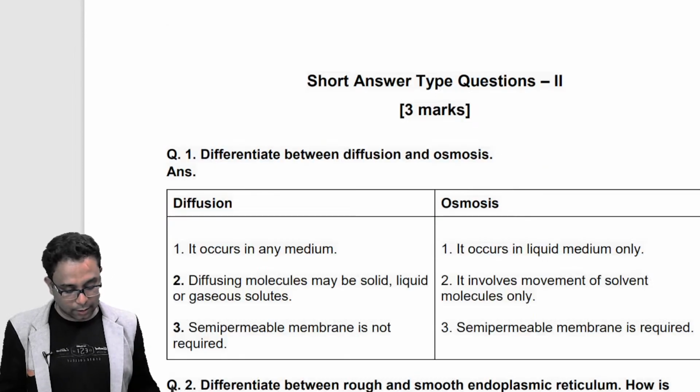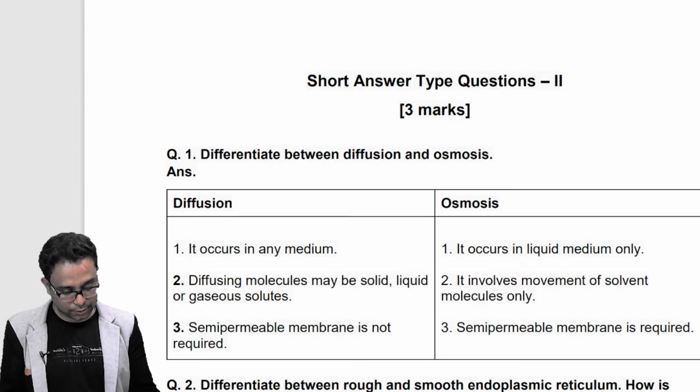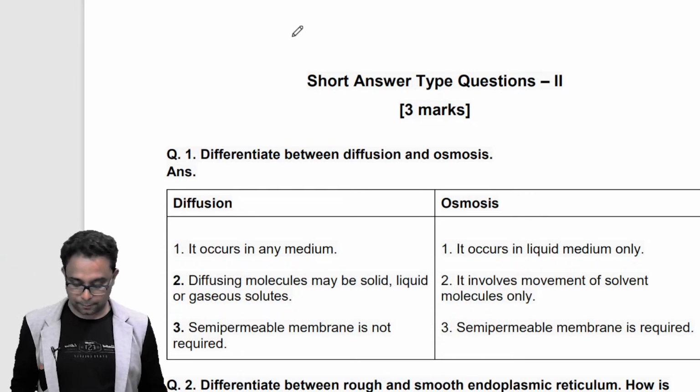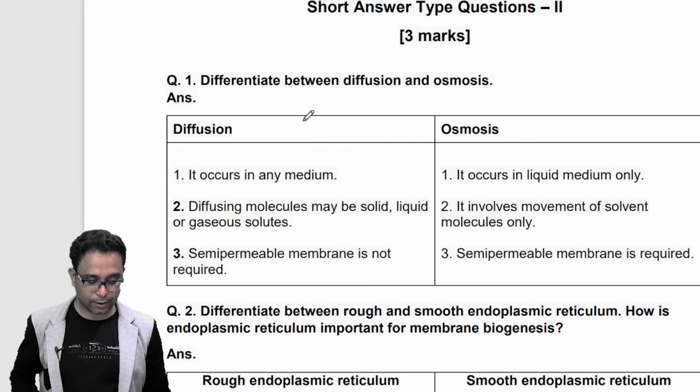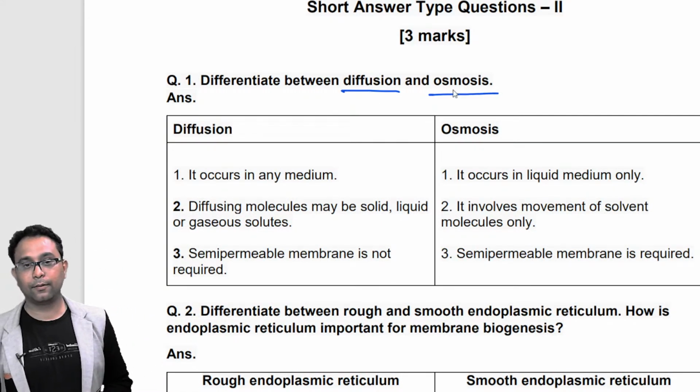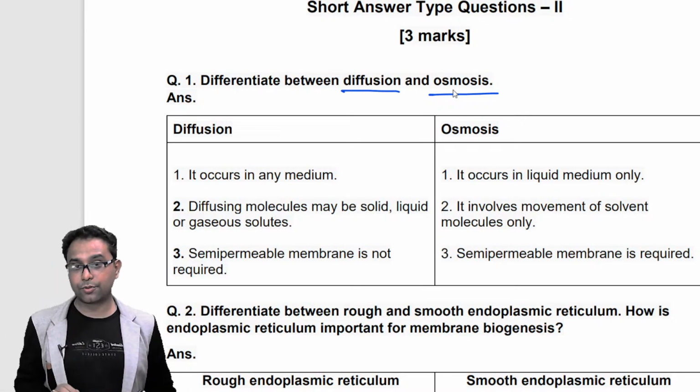Next we go to the 3 marks questions. The most important question, the 3 marks question: difference between diffusion and osmosis. This is the most important question.